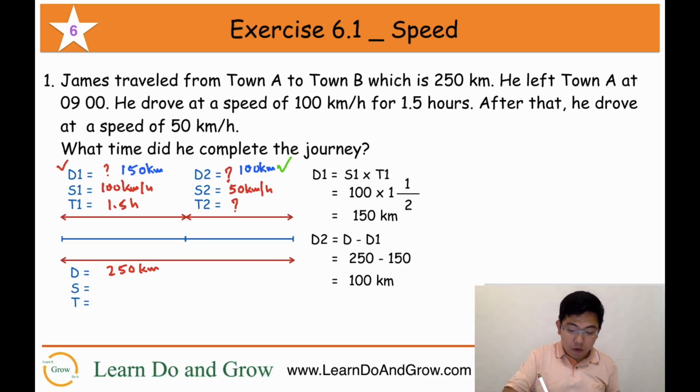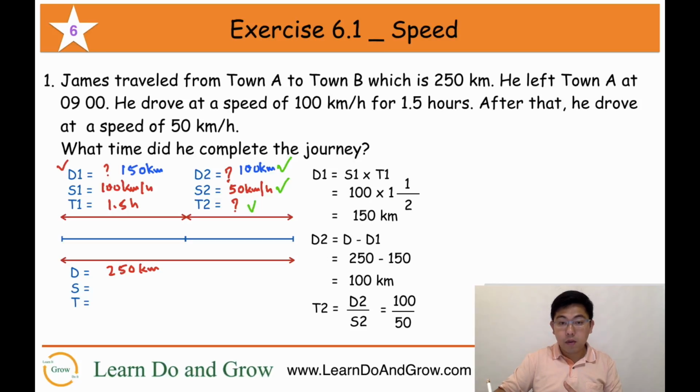If I know the distance and I know the speed, can I find the time? I can apply the formula T2 equals D2, the distance for the second part, divided by the speed for the second part, which is 100 over 50 equals 2 hours.